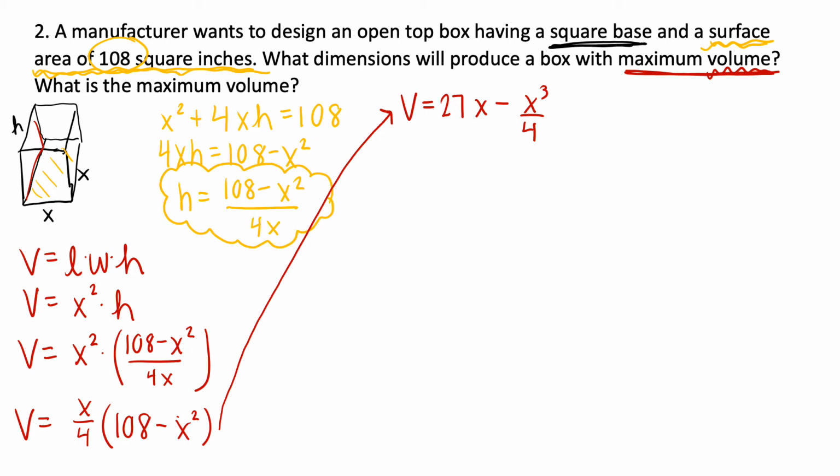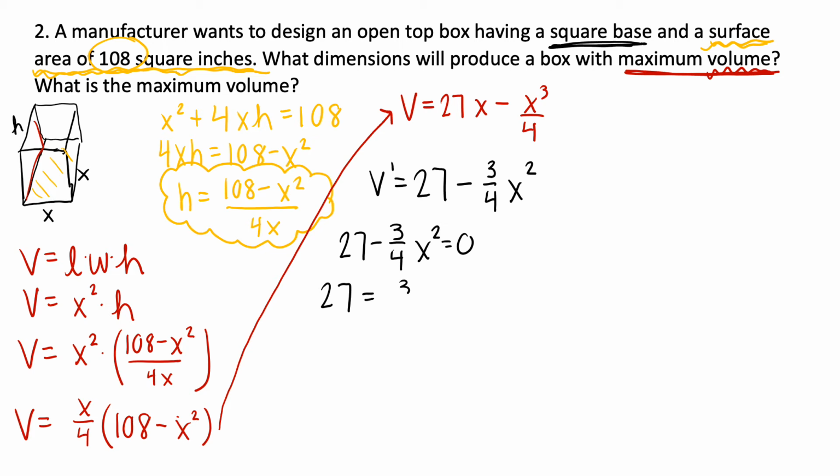Now that we have our volume equation, we want to maximize it, so let's take the derivative just like we have been. V prime equals 27 minus, bringing our 3 down, 3/4 x squared. We can set this equal to 0, so we have 27 minus 3/4 x squared equals 0, so 27 equals 3/4 x squared.